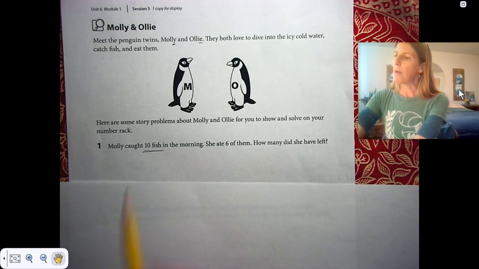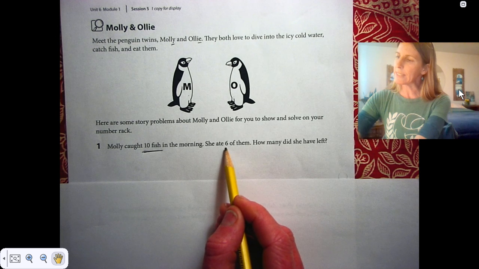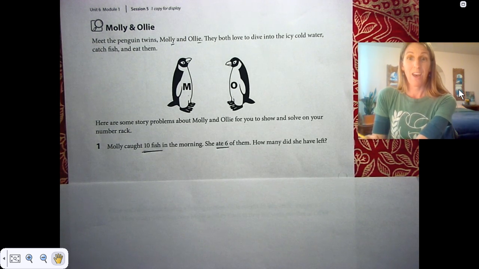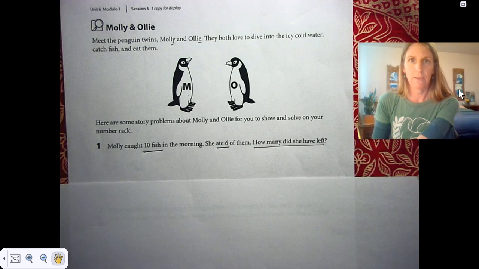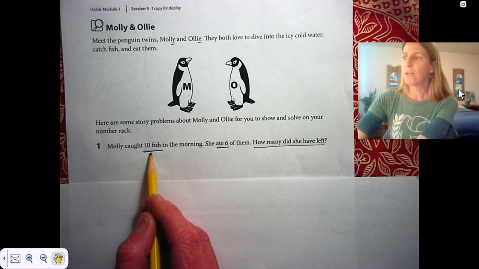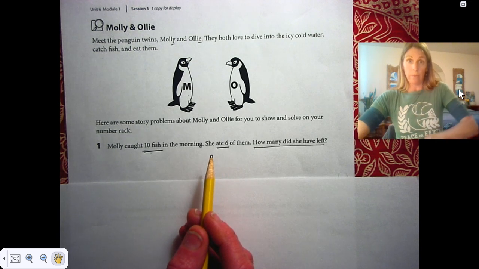So Molly caught 10 fish in the morning. She ate 6 of them. Here's that question. How many did she have left? Yeah, that's a takeaway problem. She's starting with 10. She's eating 6 of them. Those 6, they go bye-bye down her belly.